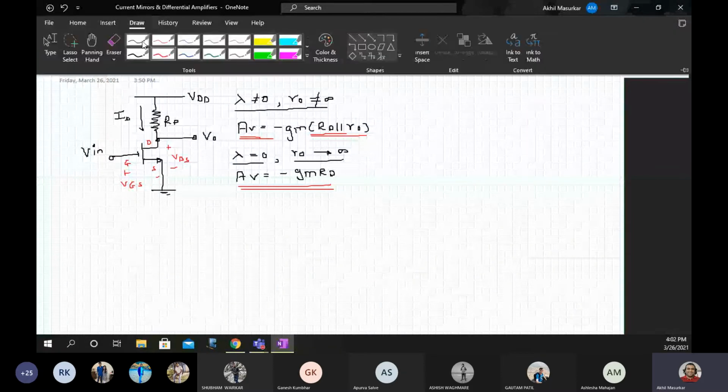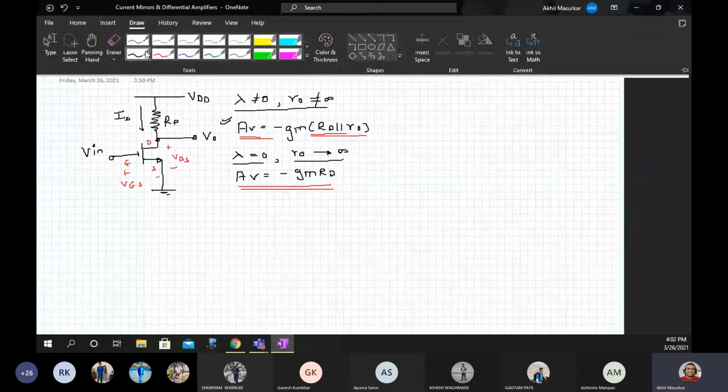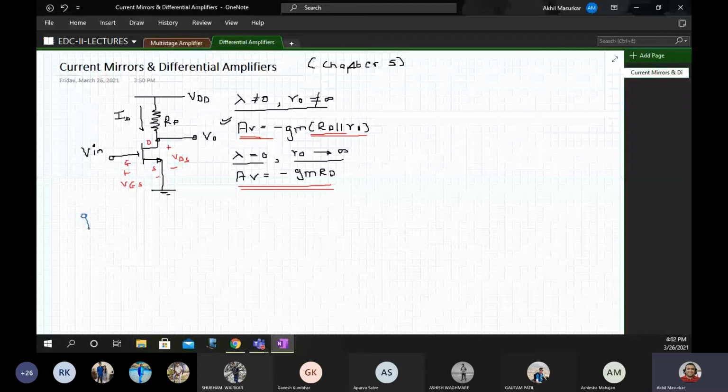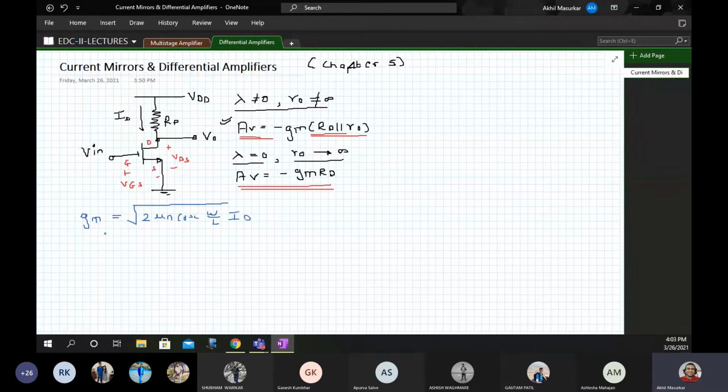Here are some more formulas. gm is equal to the square root of 2 mu n COX W by L times ID, and R0 is 1 upon lambda times ID. From both equations you can see that gm and R0 depend upon the value of ID.